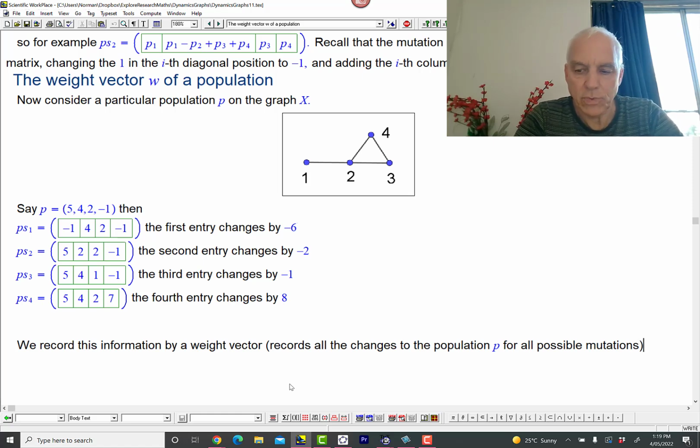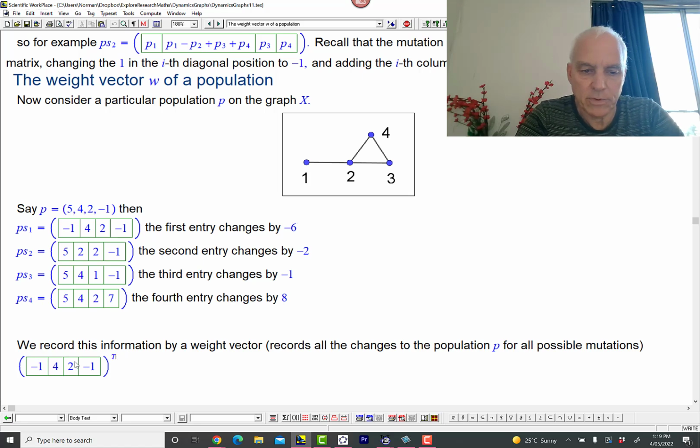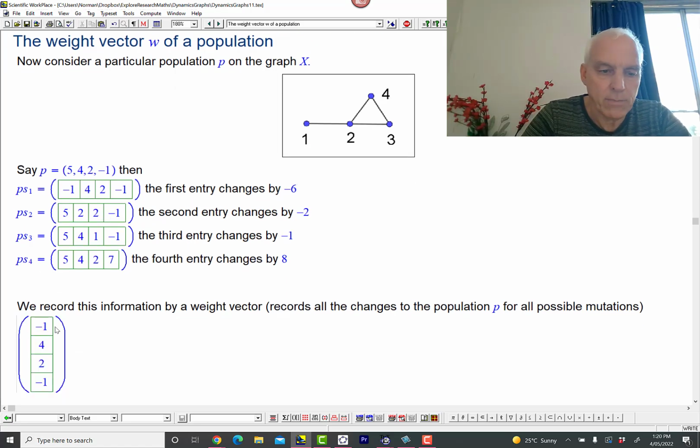And we're going to make a vector. So let me take one of these and take a transpose. Okay, there's a column vector. What do I have to fill it with? The first one will be minus 6, the next one minus 2, the next one minus 1, and the next one 8.